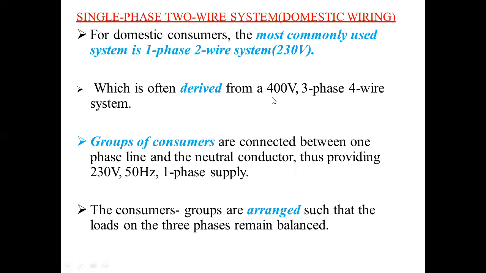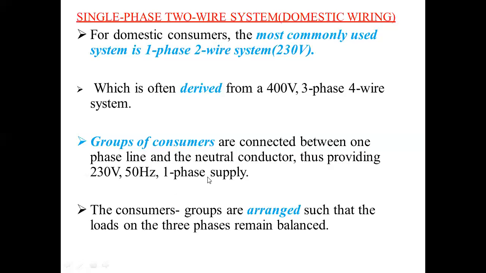It is derived from the 400 volt 3-phase 4-wire system. Remember students, we are getting the single phase 2-wire system from 3-phase 4-wire transmission lines. The third point states that groups of consumers are connected between one phase line and the neutral conductor, thus providing the 230 volt 50 hertz single phase supply.